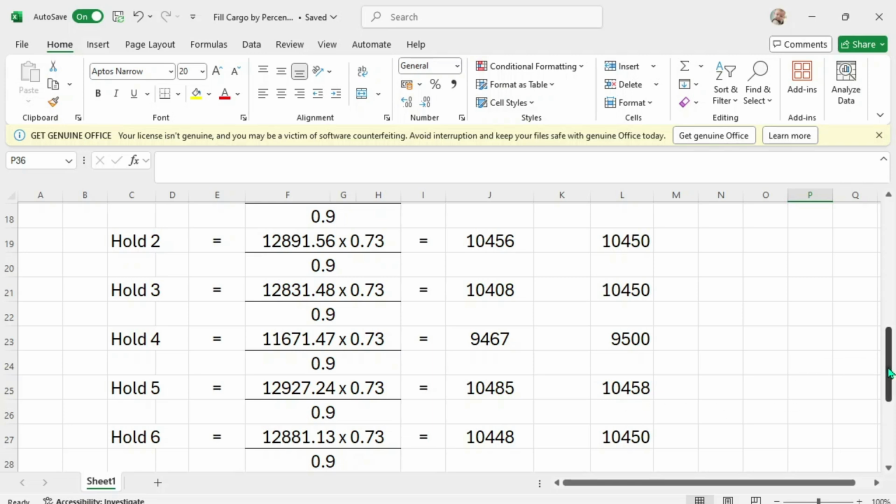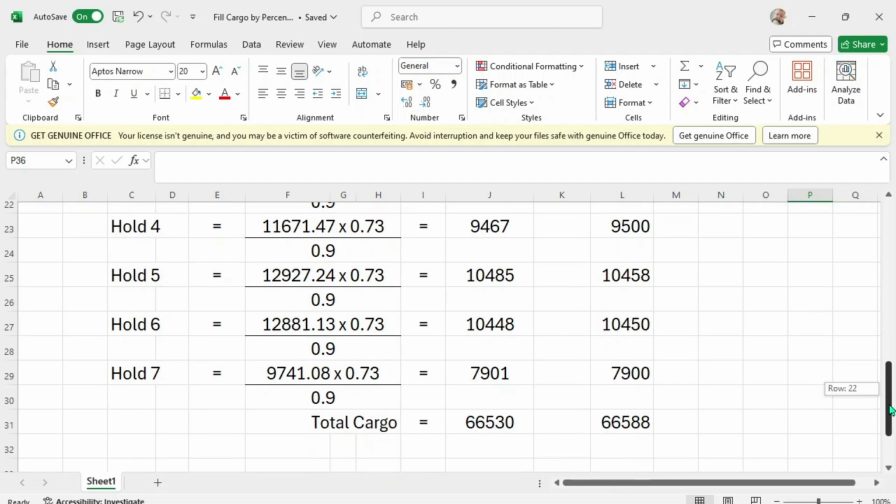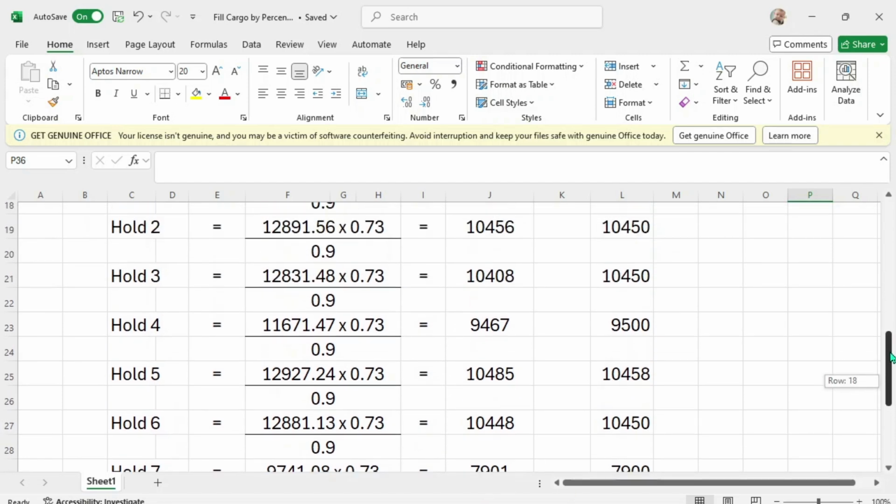Okay, depending on how you want to distribute your cargo or make a round off. In number 6, 10448 you make it 10450, and number 7, 7901 you make it 7900, a total of 66588. Okay, depends on how you round off these numbers.